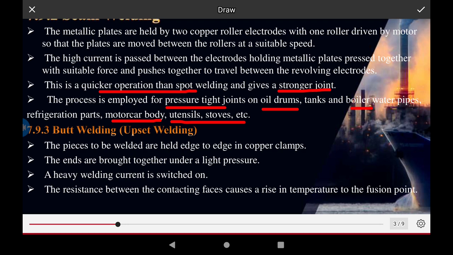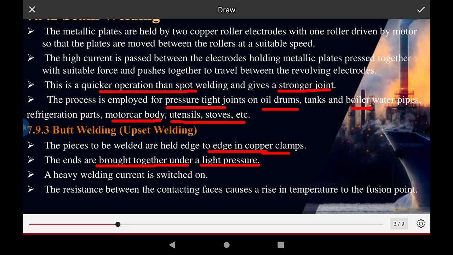Next, butt welding, or offset welding. The pieces to be welded are held at the ends in copper clamps, with the ends of the rods together under a light pressure. Heavy welding current is suitable in butt welding.